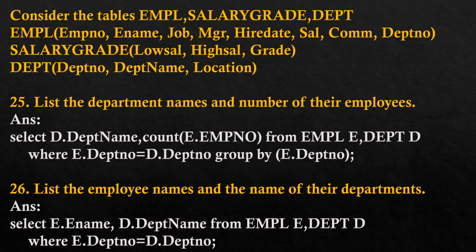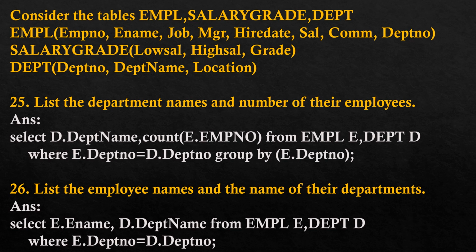Now list the department names and number of their employees. So here you have to join these two tables, employee and department. You can just write, select D.department name, comma, count of E.employee number from EMPL E and department D. E is the alias name given to the table EMPL and D is the alias name given to the table DPT.